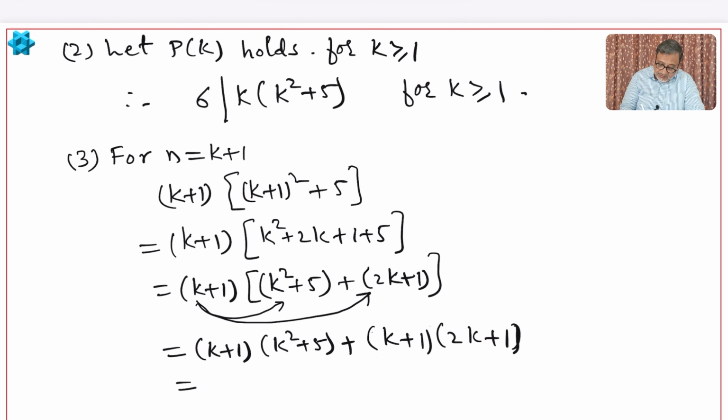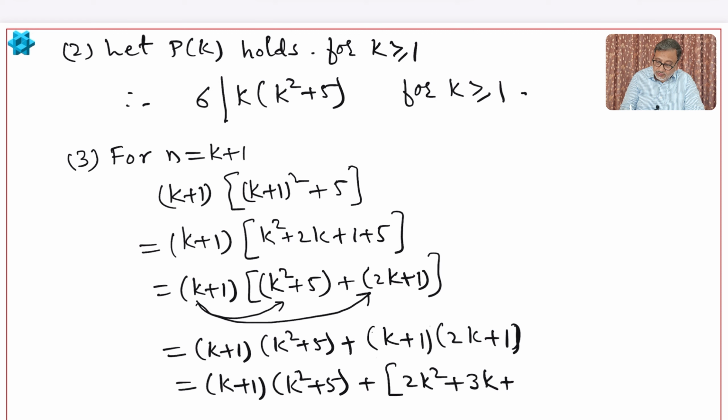So when I simplify the second term, it will be 2k² + 2k + k, 3k, plus 2 plus 1. Okay, this is like that, 3k² + 3k + 1, right? It will be like that.